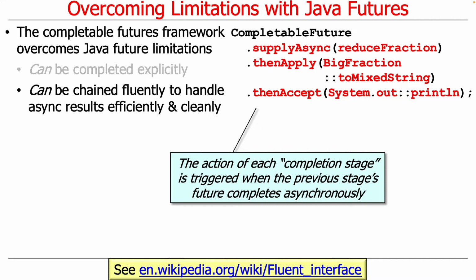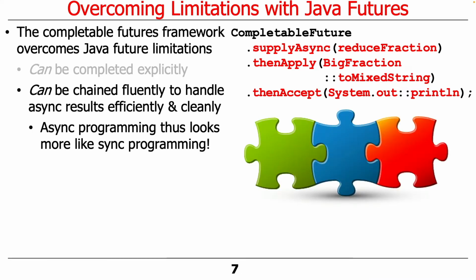And they get triggered when the previous stage's completable future completes. By the way, when I use future here, I'm just using it as a shorthand for completable future to not have to keep saying this over and over again. And this gives you a nice fluent interface style model. So as a result, asynchronous programming looks a lot like synchronous programming, which is really cool, except these things are now running asynchronously in the background.